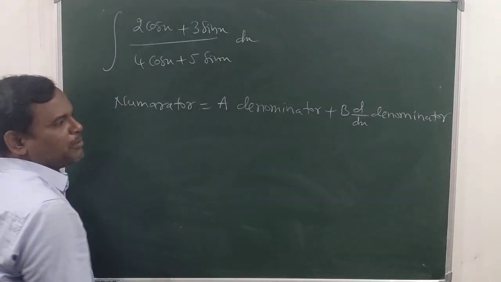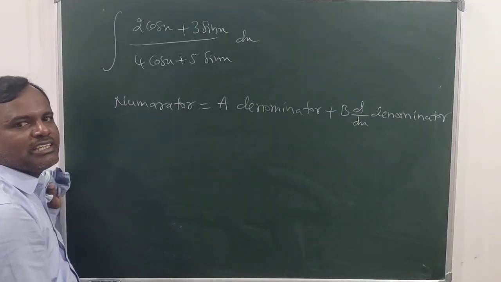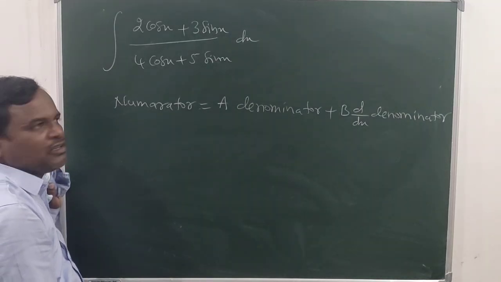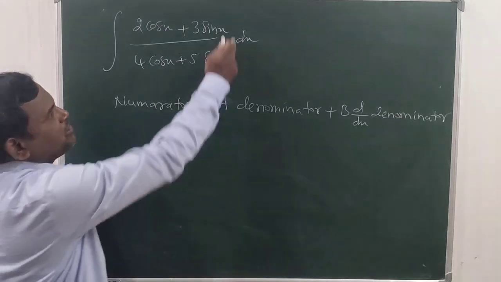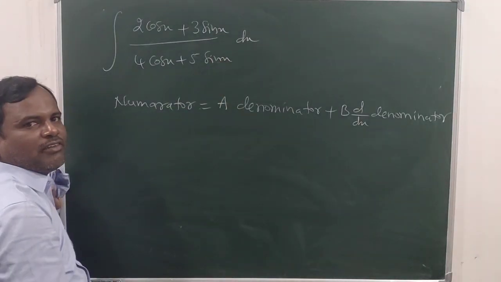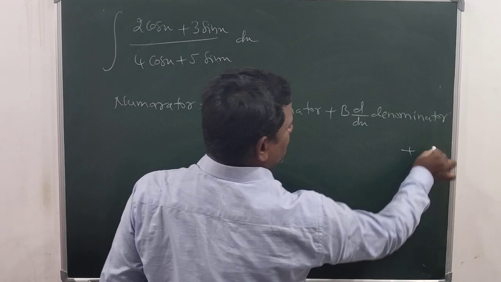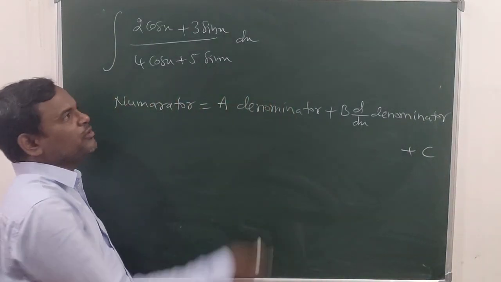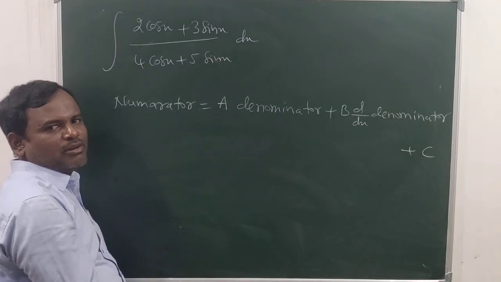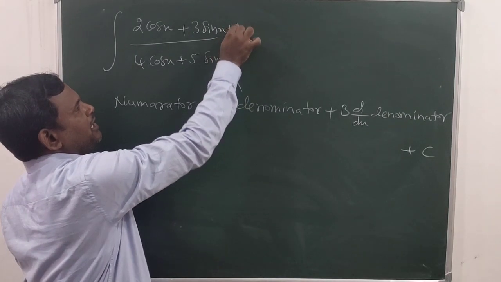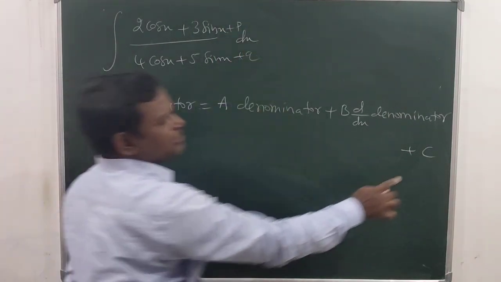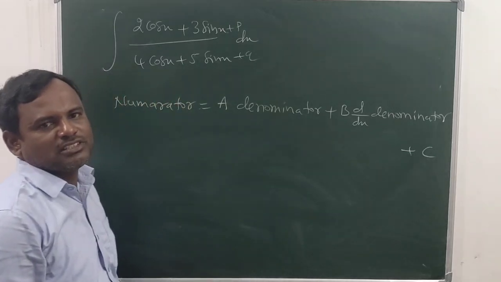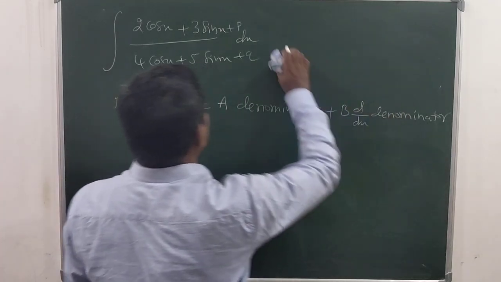A into denominator plus b into d by dx of denominator. Sometimes a constant will be given to you. In such case, you have to write plus c. Sometimes constants will be given, like p, q. In such case, you have to take extra plus c. But in this problem, not required.